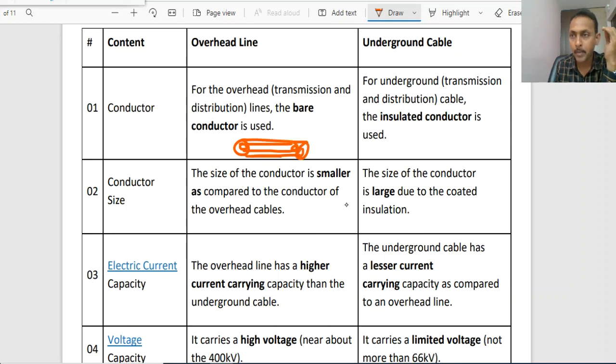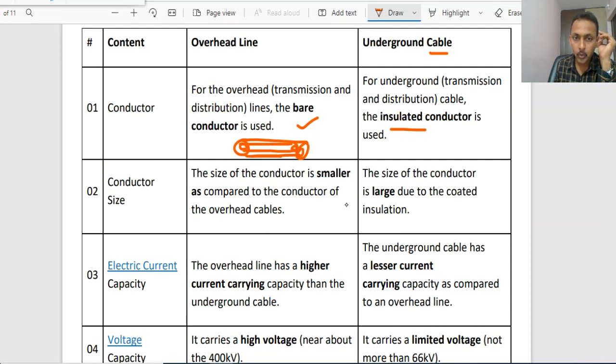There won't be any rubber or insulating material over the surface of the bare conductor if it is an overhead line. But if it is an underground cable, the word itself indicates the conductor is to be insulated. Over the conductor, proper thick insulation should be maintained, right? So that is one problem. Now coming to the conductor size.